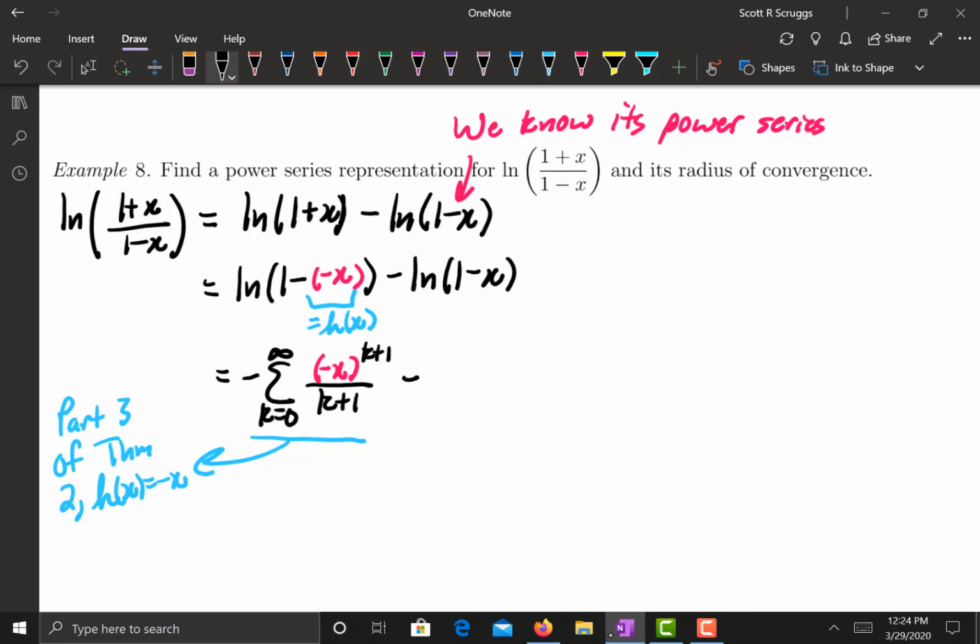And then as for the first theorem, we already have that this is my power series. And because I have negative of x to the k plus 1 over k plus 1, I have a minus and a negative. So I now replace that with addition.